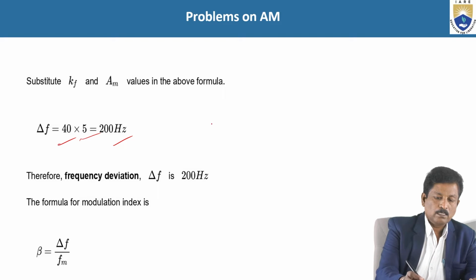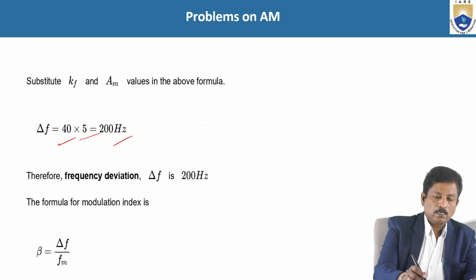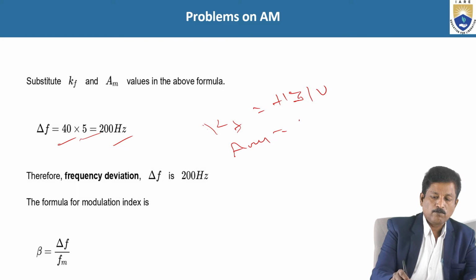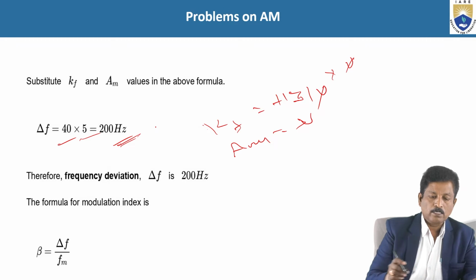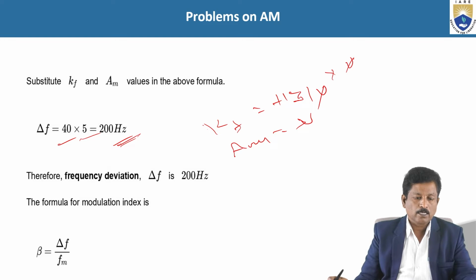Because the frequency sensitivity kf is in hertz per volt and the amplitude Am is in volts, so when multiplying, the volt cancels and we get only frequency. So delta f, the frequency deviation, is always measured in frequency only, and we get 200 hertz for this case.